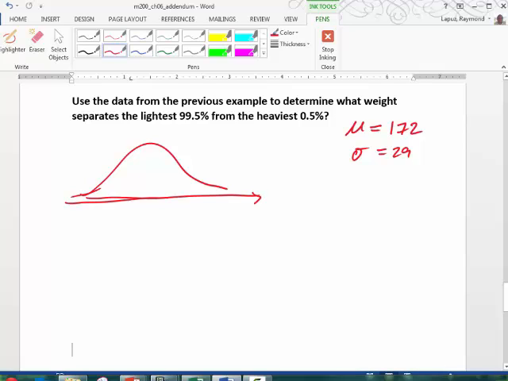So in our x values, we got 172. The 29 comes into play somewhere else here that we don't need to worry about. What we do need to worry about is we need to figure out what number it is we're looking for. So this is the value that we're looking for that separates the heaviest 0.05%, or I'm sorry, that's 0.5%.